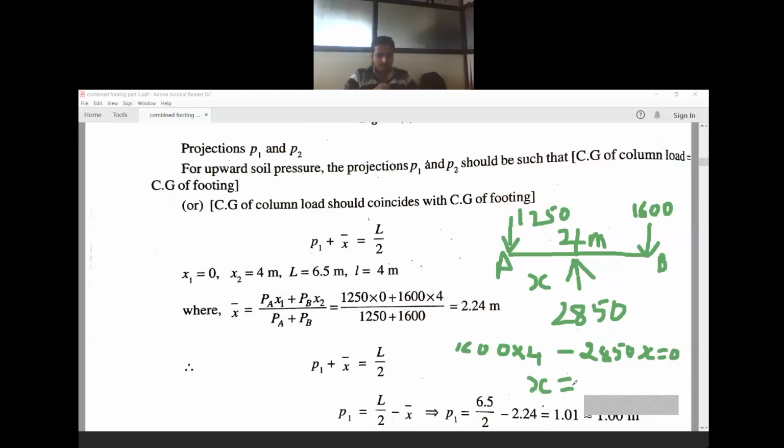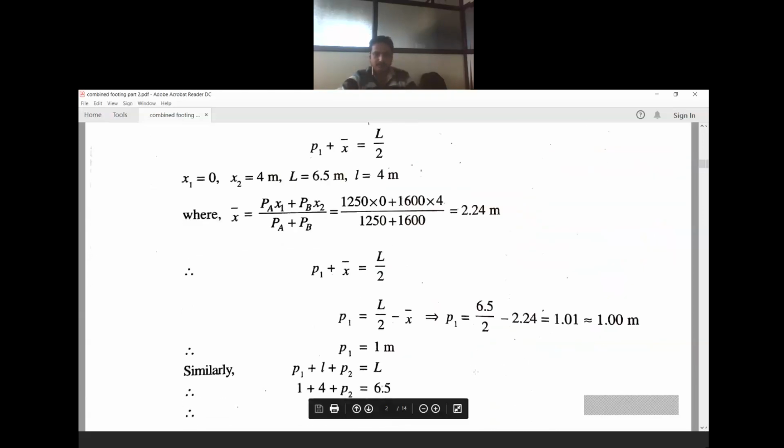X is equal to 1600 multiplied by 4 divided by 2850 is equal to 2.24. Do the calculation correctly. So now we have x value that is 2.24 meter.